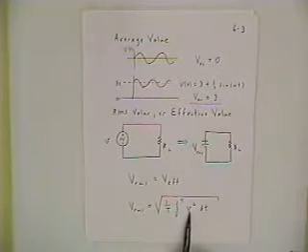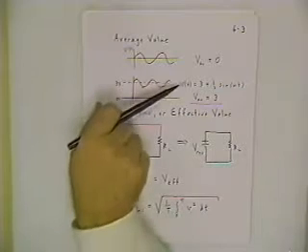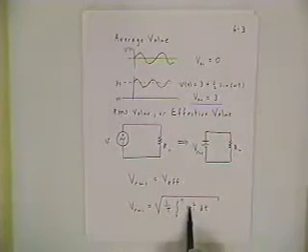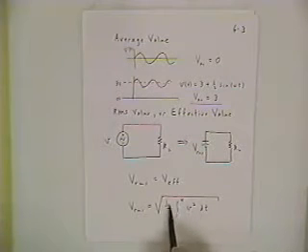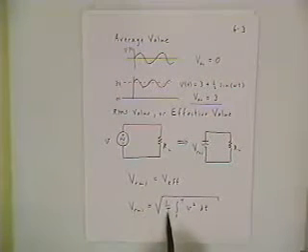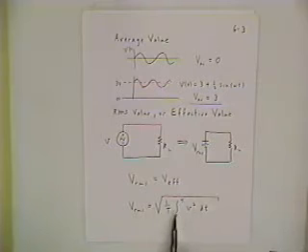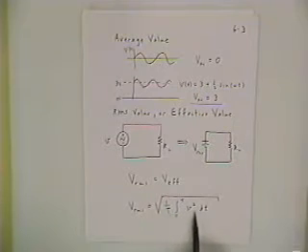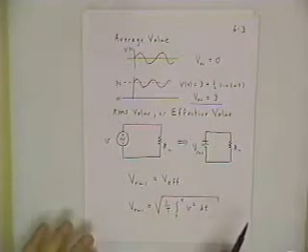What you would do is take your sinusoidal waveform, so this V of t, for instance, square it, integrate over one cycle, divide that result by T, and then take the square root of all of that. And you can see dimensionally it works out. This has units of seconds, dt has units of seconds, so the seconds cancel out. You've got the square root of volts squared.